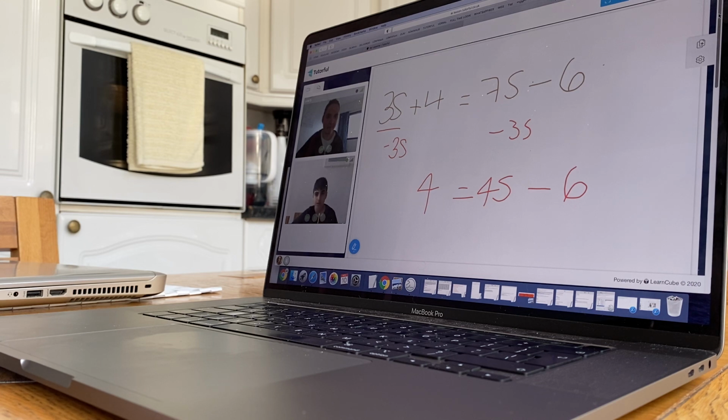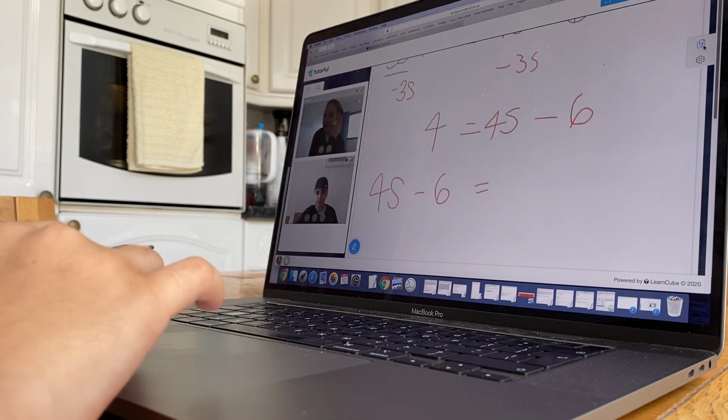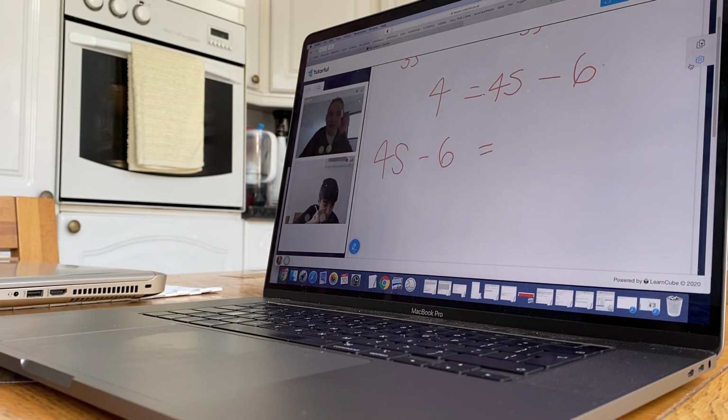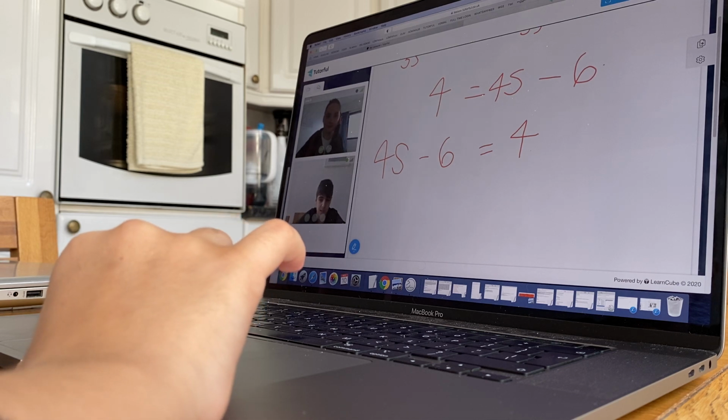Remember, we can also write it as 4s minus 4 equal to 4s minus 6. Because they're equal, it doesn't matter the order. Then you just remove the s.